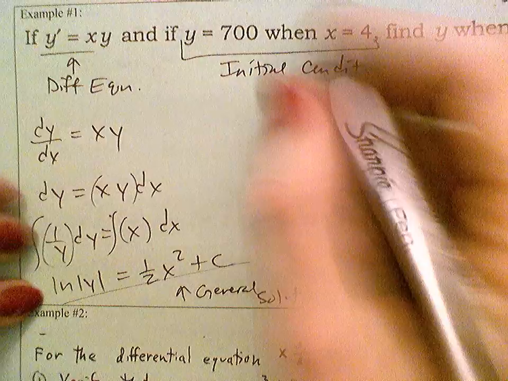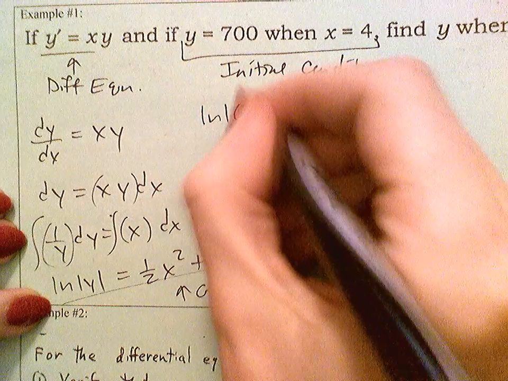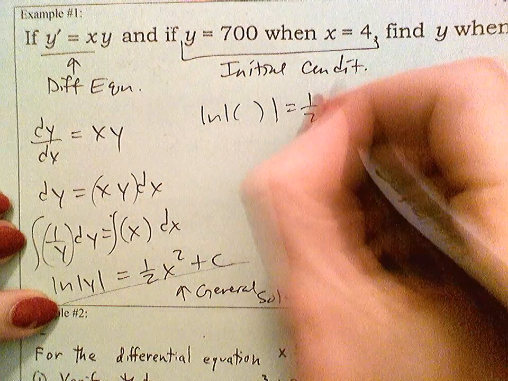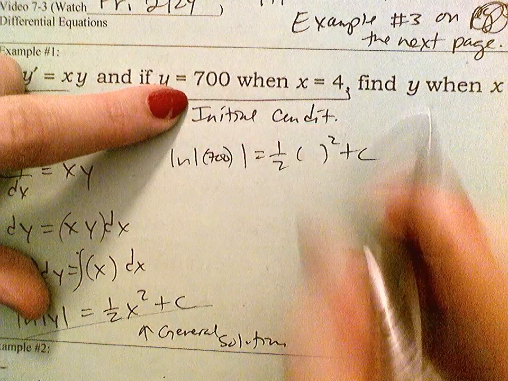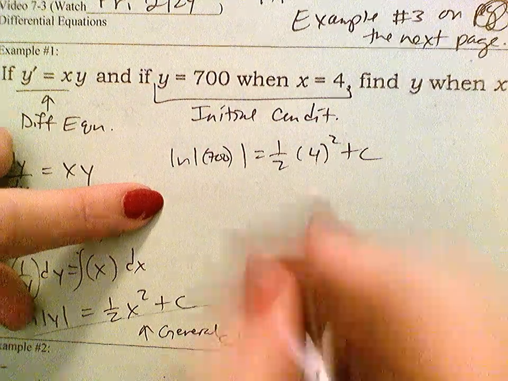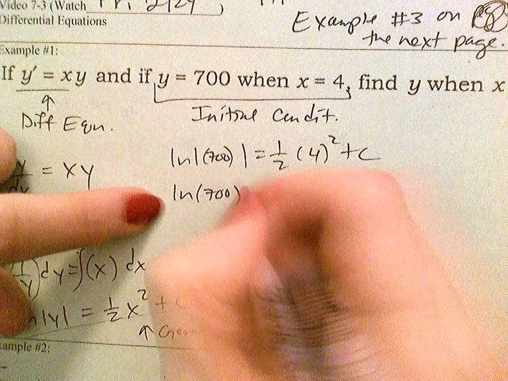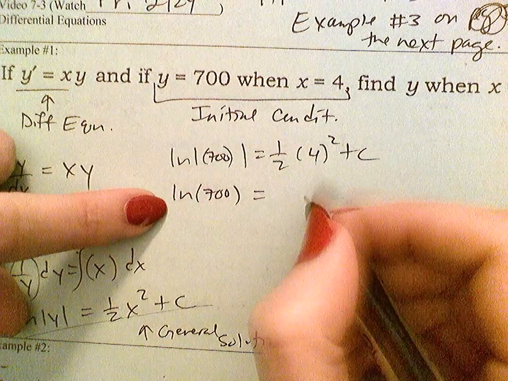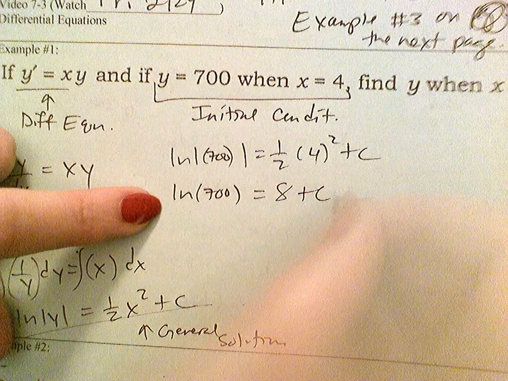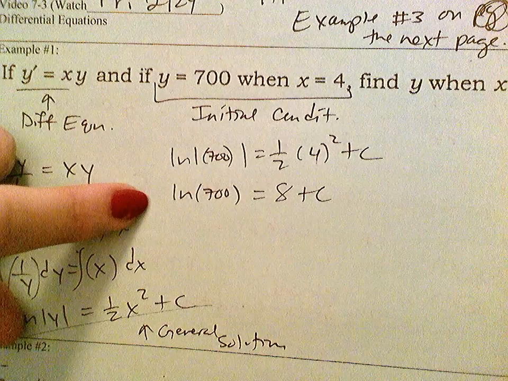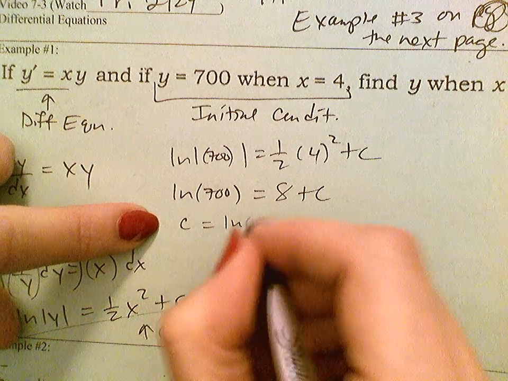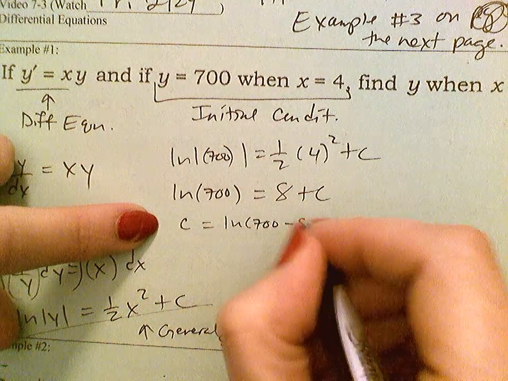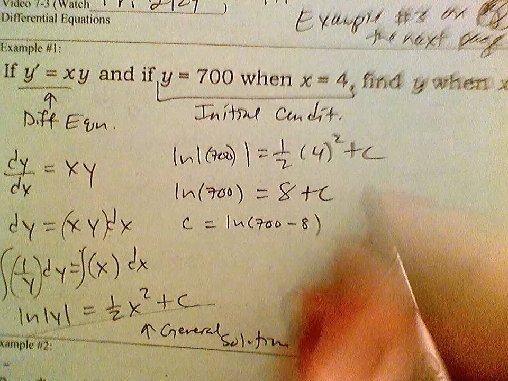To find the particular solution, we'll use this initial condition. I'm going to rewrite the general solution, leaving a blank where I had x's and y's. What goes in where y used to be? 700. What goes in where x used to be? 4. So you get the natural log of 700. I don't need the absolute values because 700 is already positive. And then this is 8 plus c. So c equals natural log of 700 minus 8.